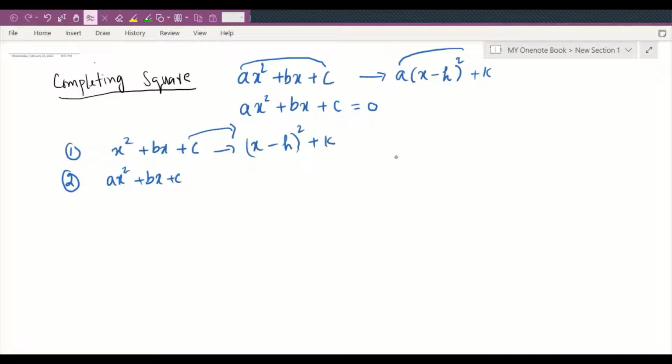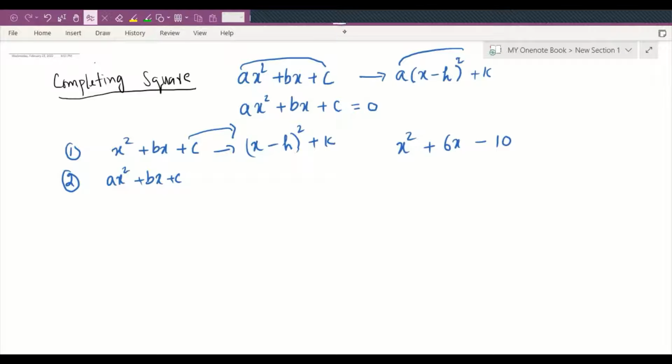Let's take an example to see this. Say we have x squared plus 6x minus 10. We just need two terms to complete the square, the x squared term and the x term. What are the steps?